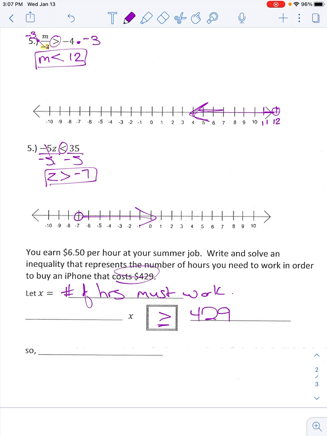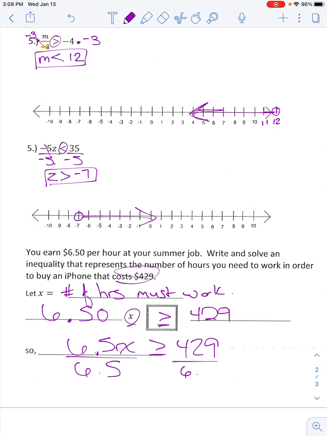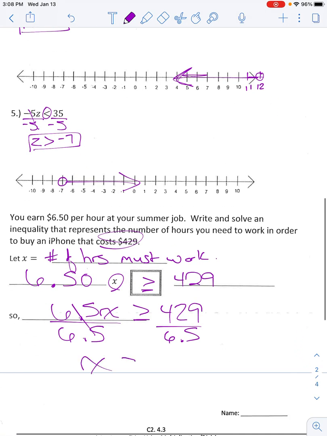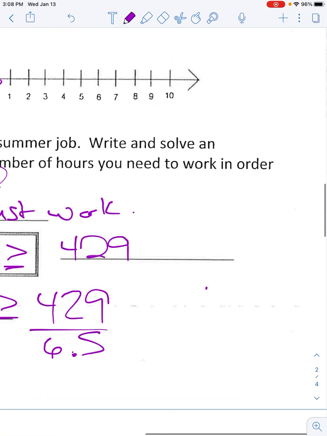I can go over $429, I'd have enough, I just can't go under $429. So I need at least $429 to get it, so greater than or equal to, and I make $6.50 per hour, 6.50x. So 6.5 times some unknown amount of hours I need to work needs to get me $429. So we'll divide both sides by $6.50 to get x by itself.